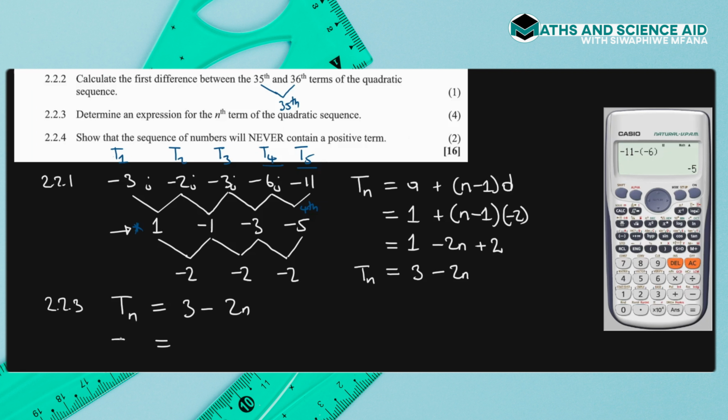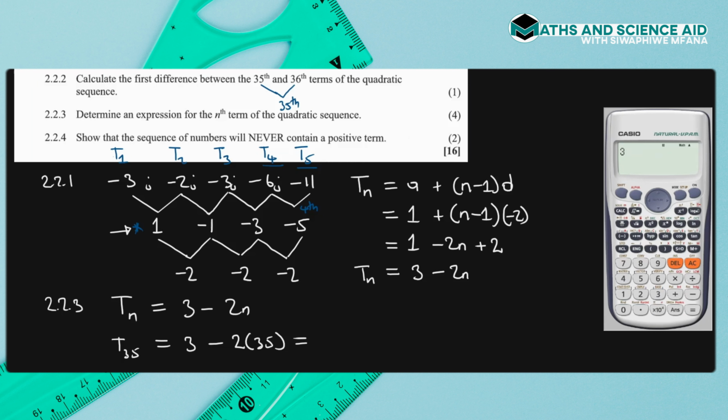So we are looking for the 35th term in the first differences. So this is simply going to be 3 minus 2 multiplied by 35. And now we are going to see exactly what is the first difference between the 35th and 36th term. So we can just substitute this into our calculator.